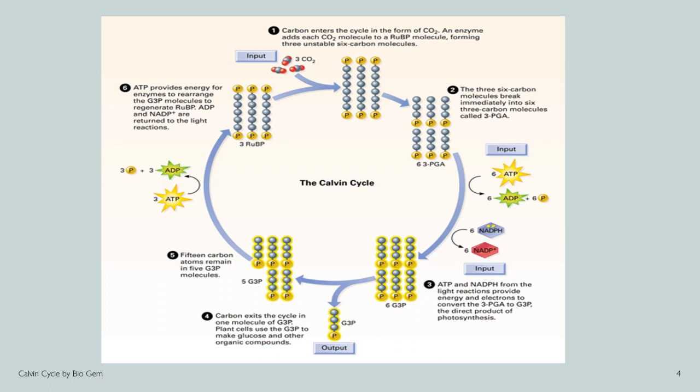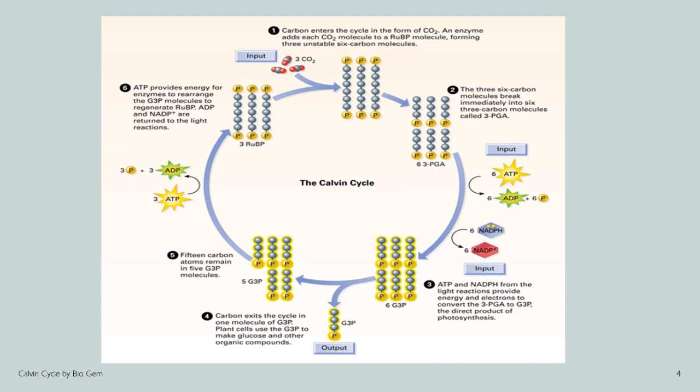Okay? Now, after these six molecules of glycerate 3-phosphate are produced, one molecule of glycerate 3-phosphate always leaves the reaction. This one molecule is always the product of the Calvin cycle.